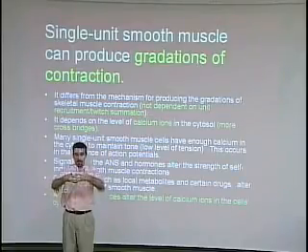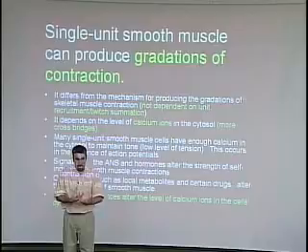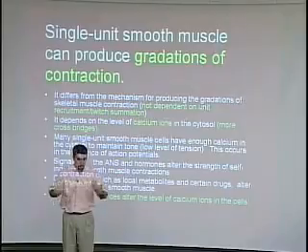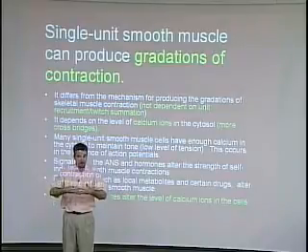The actin overlaps the myosin more, so it's actually not already at its optimal length. By stretching it, you put it at its optimal length, which is good, because that's how your stomach works. You fill it up, you stretch it, and when it stretches, it reaches optimal length, so that when it contracts, it gets a more forceful contraction.